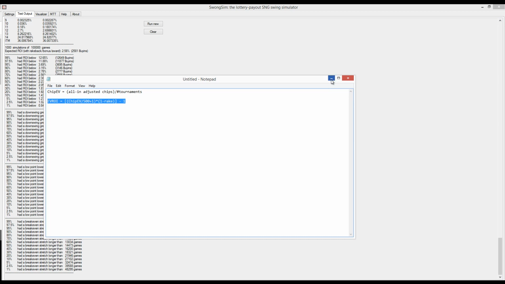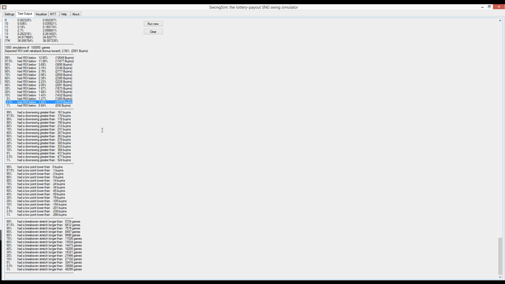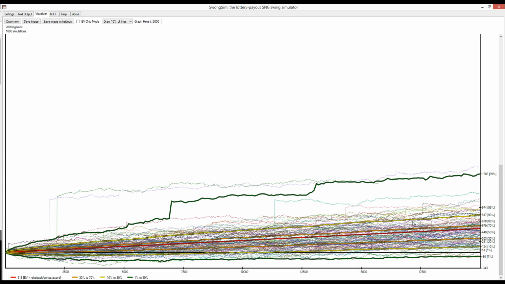With that being said, we've looked a little bit at variance of dollar amounts, and you all can play around with SwongSim more to see more graphs, more paths of how you can go.